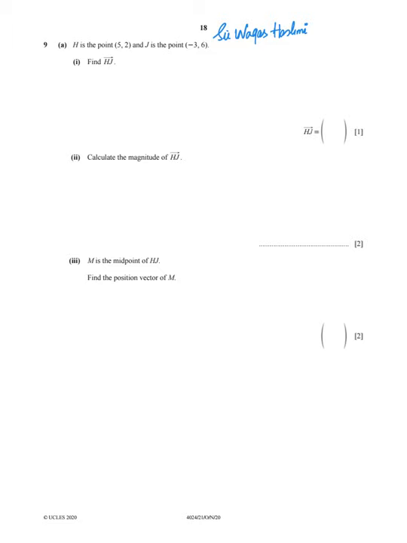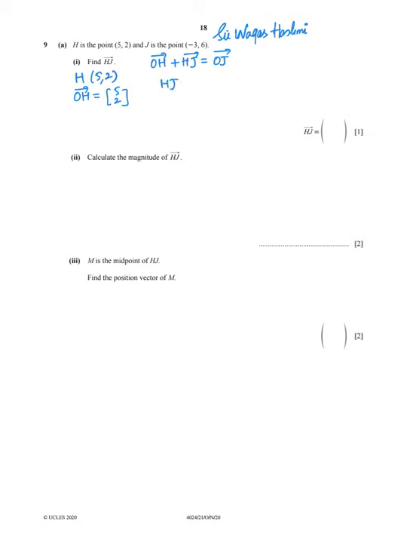It says H is the point (5, 2) and J is the point (minus 3, 6). You need to find HJ. Alright. If H is the point 5 comma 2, then in terms of position vector, if we say OH, it will be (5, 2). So if I make an equation here, OH plus HJ will equal OJ, that is the basic principle of vector addition.